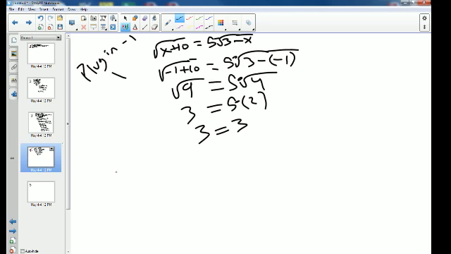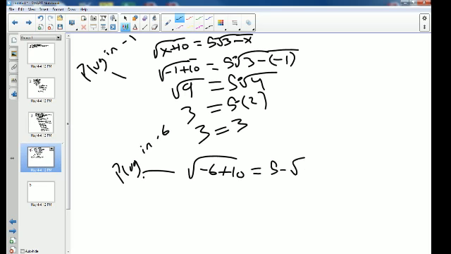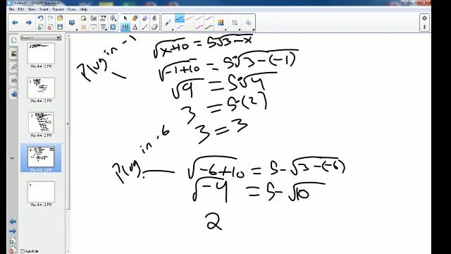Now you have to plug in negative 6. So the square root of negative 6 plus 10 equals 5 minus square root of 3 minus negative 6. This is square root of 4 equals 5 minus square root of 9.